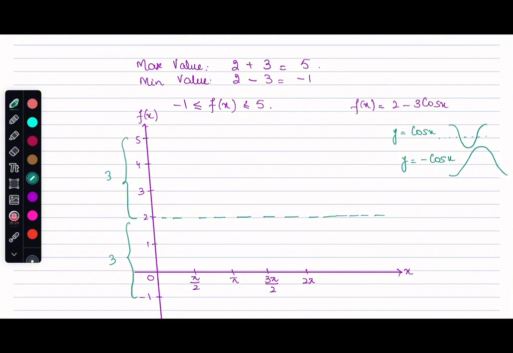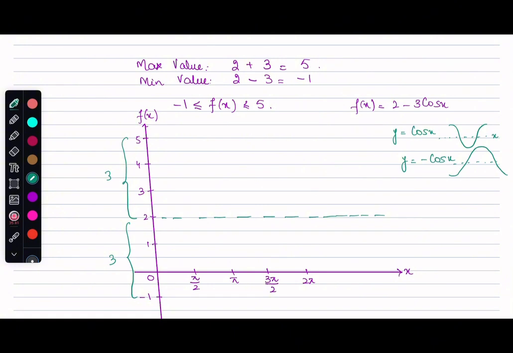If this was my x-axis, then I can see that each and every point has been reflected in the x-axis, and now because of the negative, I should be having a maximum turning point. So the same thing is going to happen here.